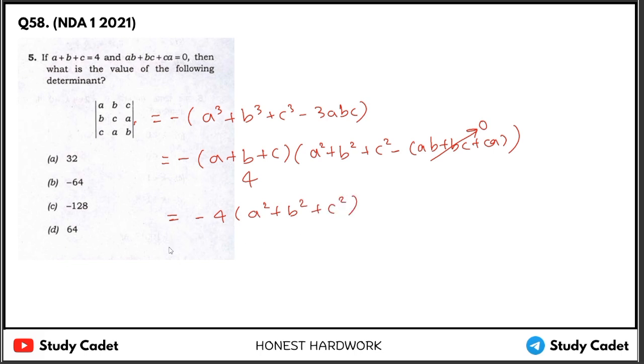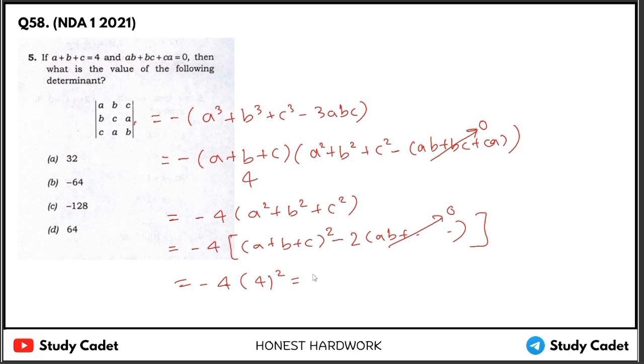How to solve this? a plus b plus c whole square minus 2 into ab plus bc plus ca, that is our 0. So we are left with minus 4 and here 4 square, so it will be minus 64, right?